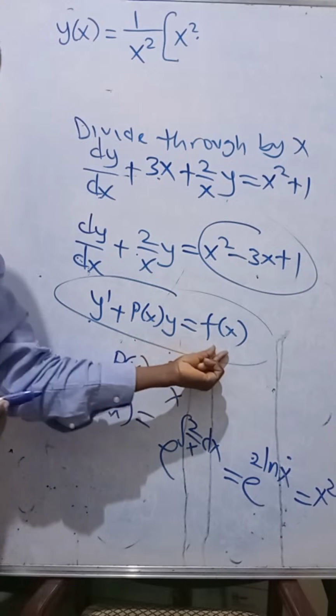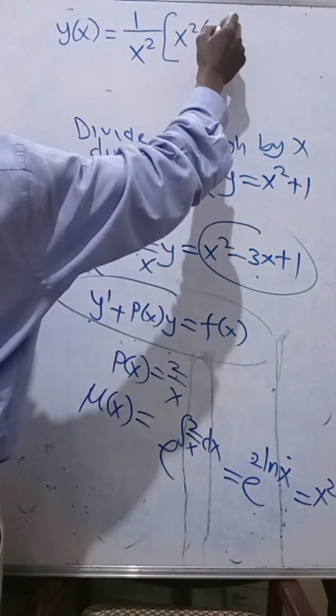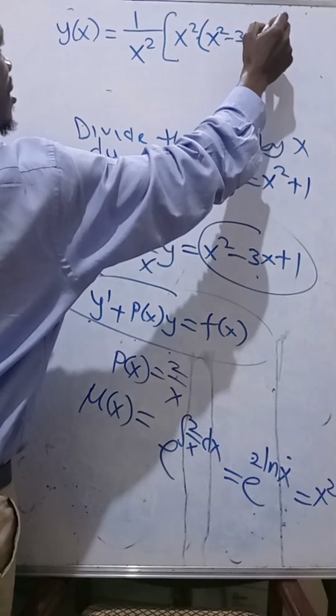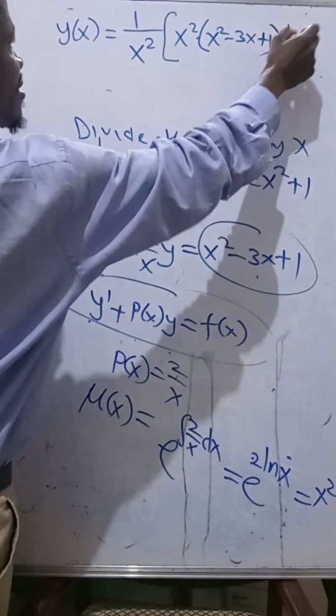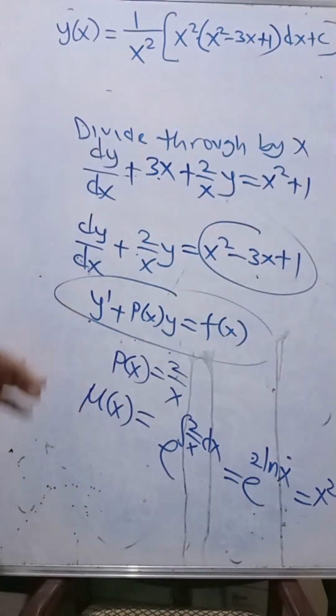They correspond to the standard form. That's your f of x, x squared minus 3x plus 1. Close your brackets, then dx, then plus c.